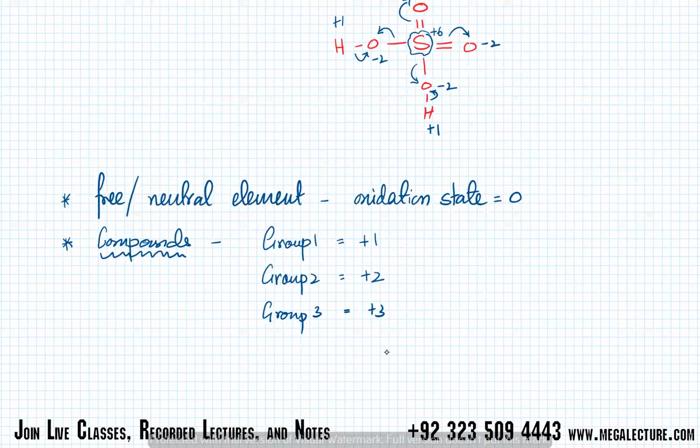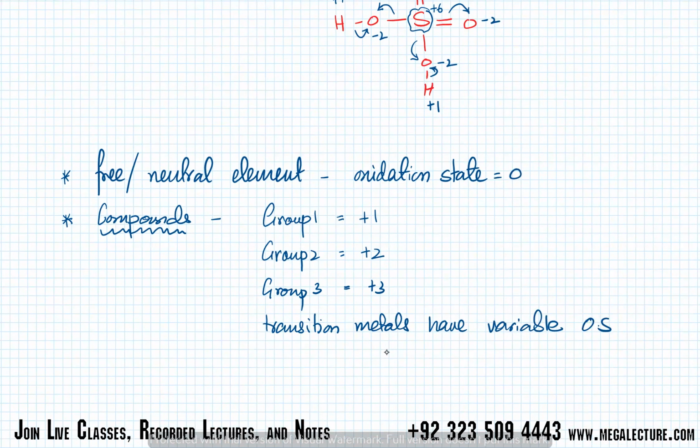Then you've got transition metals, they've got variable oxidation states, so it might be written in the name. Then you have oxygen, which is normally -2, but there are a bunch of exceptions.